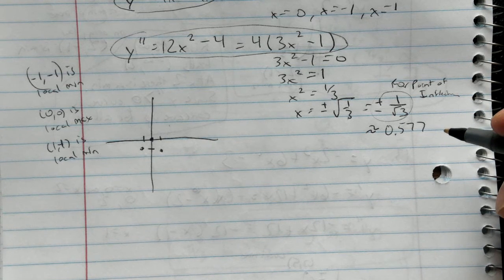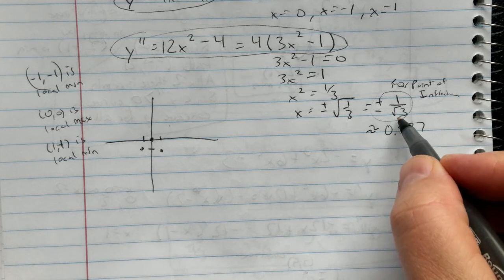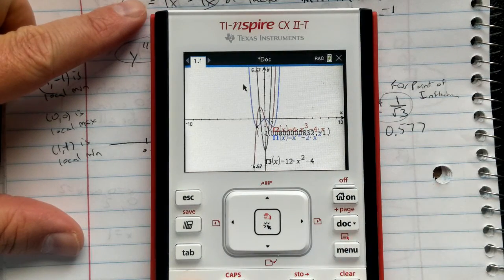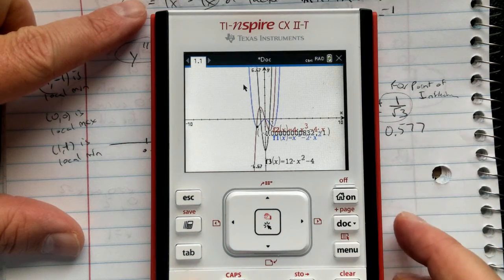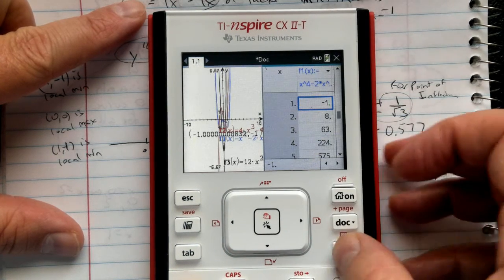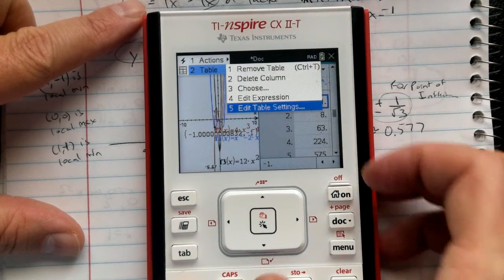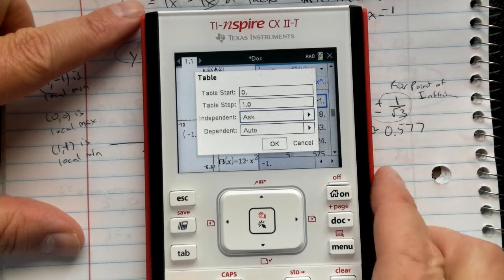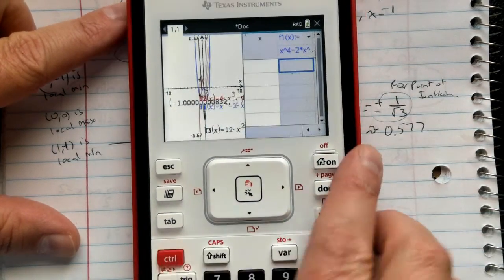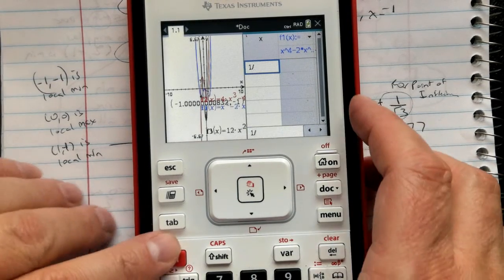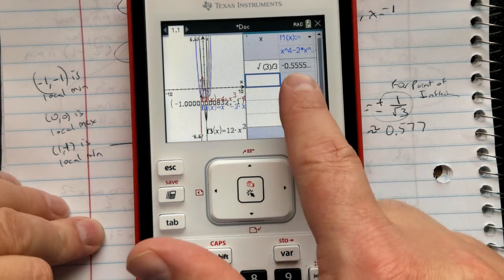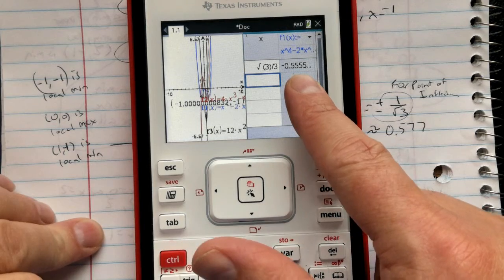And when we plug in that to the original, let's go to the table settings. I'm going to do independent to ask. And 1 over square root of 3. On my calculator it converted it, but anyway, you get -0.5 repeat.